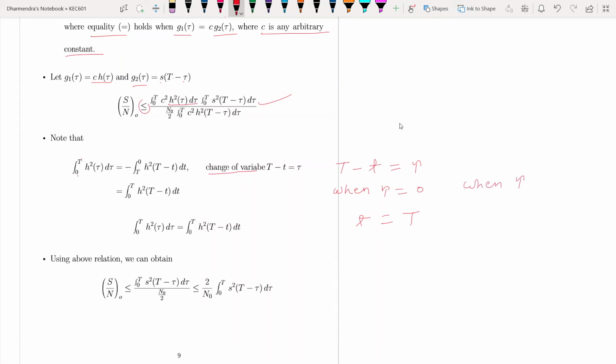When tau is equal to capital T, t will be 0, and minus dt will be d tau. So after simplification, I will get this one, because integration from capital T to 0 can be written as minus the integration from 0 to t, and the minus will cancel out.